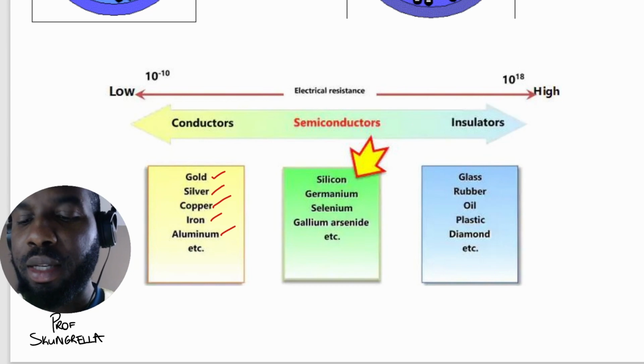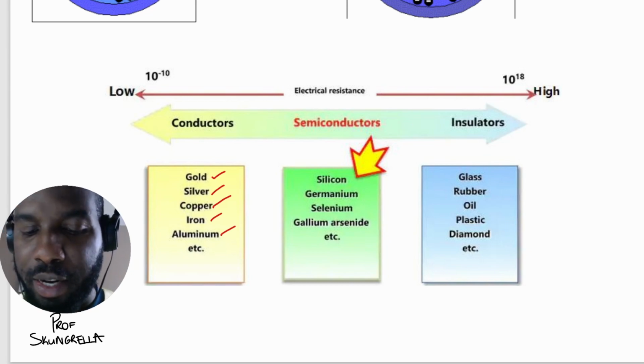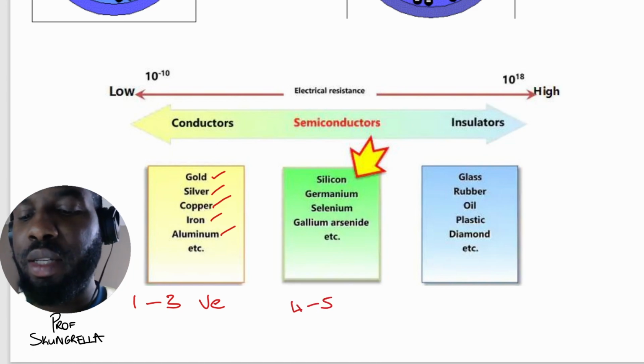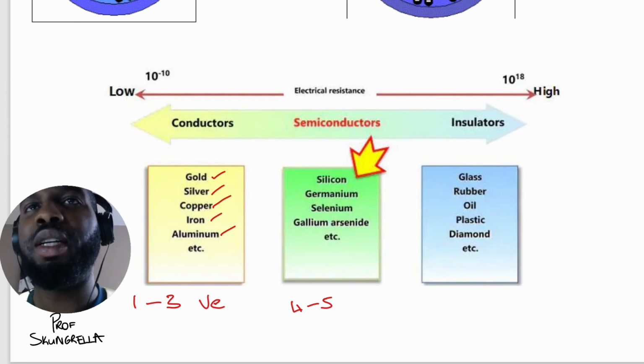On the semiconductor side, we have silicon. So again, these metals here have 1, 2, 3 valence electrons. These ones have about 4, 5 valence electrons. With the semiconductors, they are not very good conductors, but we can modify them to create electronic devices where we can control the amount of current flow.